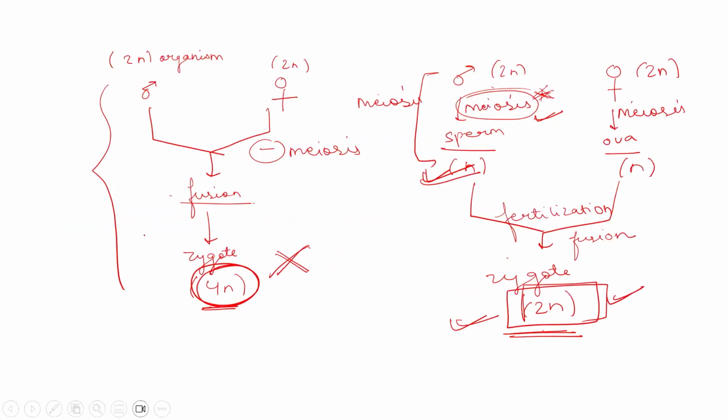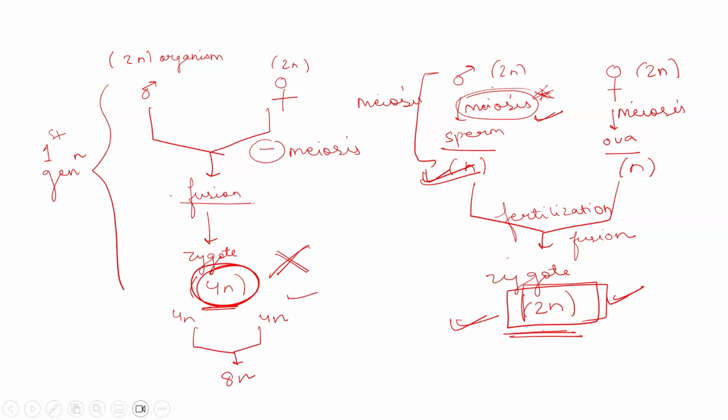Suppose, as I mentioned in this example, the first generation would have 4n chromosomes. Now, when these 4n chromosomes fuse without any process of meiosis, it will result in 8n chromosomes.